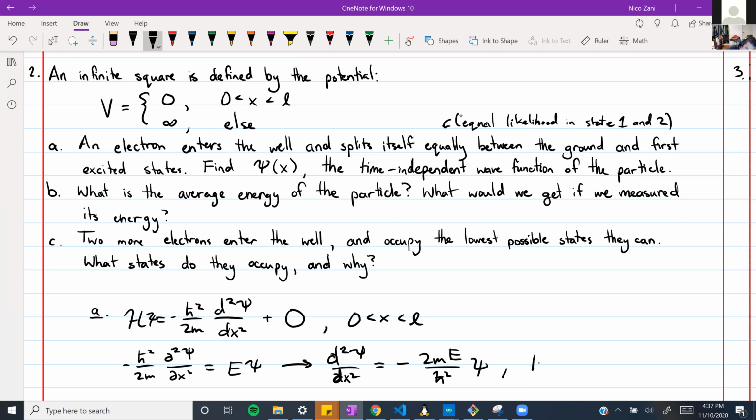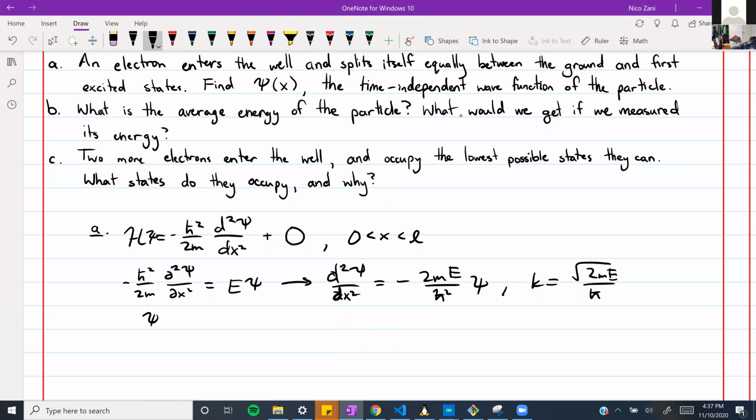So if we say k equals the square root of 2mE over h bar squared, you guys have seen these solutions before. These are solutions for sines and cosines. Wonderful. So we know that psi is equal to A sine of kx plus B cosine of kx.